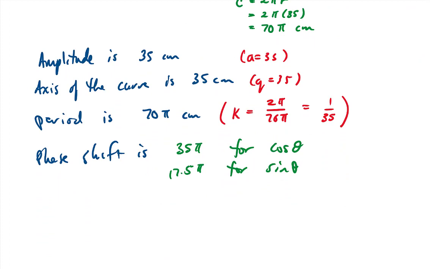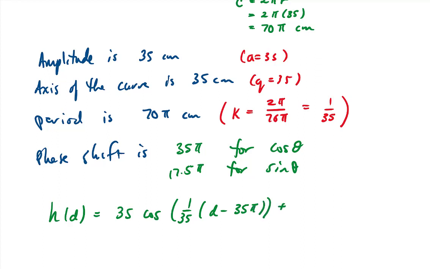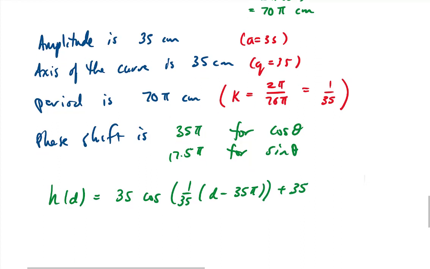Now that we have all our parameters, we can determine our two trig equations. So the height of the nail relative to the distance traveled could be 35 cosine 1 over 35 d minus 35 pi plus 35.